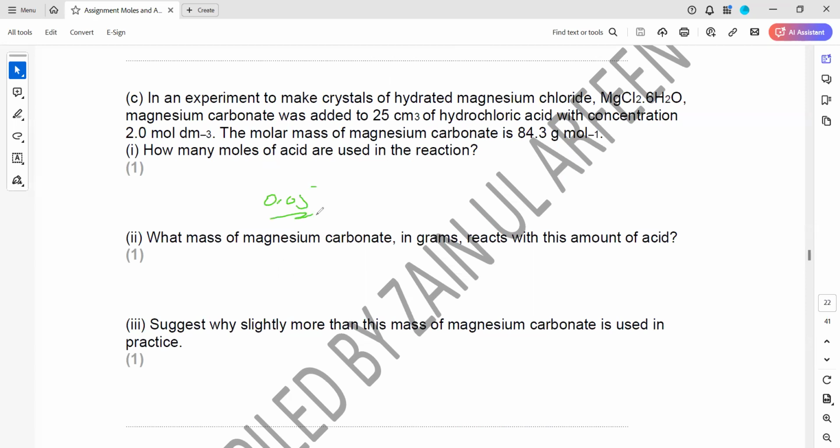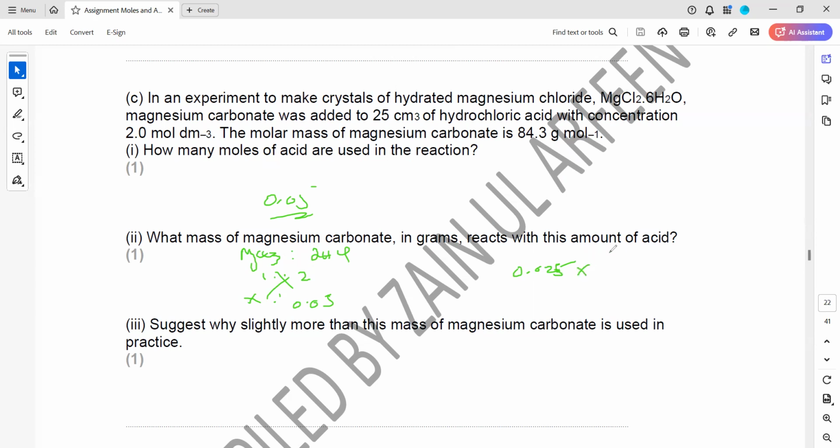The magnesium carbonate and hydrochloric acid ratio is 1:2, according to the balanced equation we wrote. So if 1:2 is there, and we have 0.05 moles, then this will be X. Cross multiply, so it will be 0.025 moles. And then we need the mass in gram.